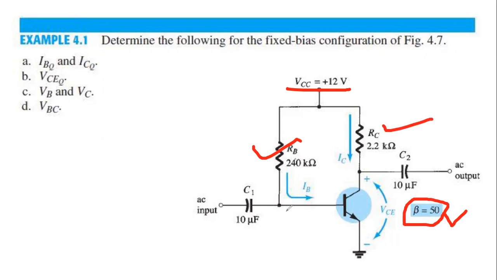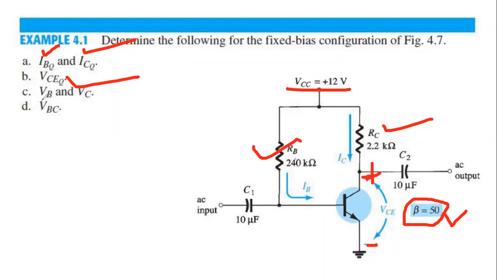Input is IB current, and the output current is IC current. So what are we told? We are told to find the currents IB and IC, that means the input current and output current. Then find the output voltage VCE.